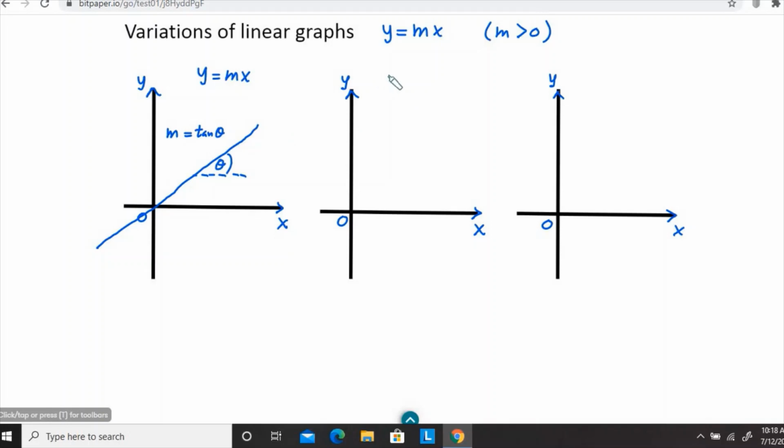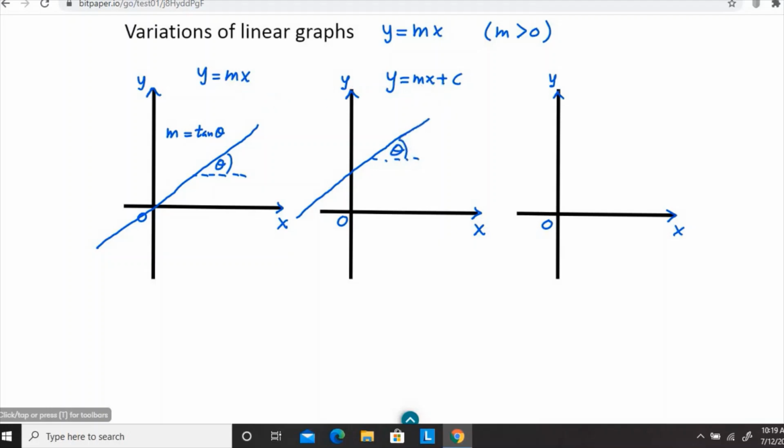So the next variation of y equals mx that I'm going to draw is y equals mx plus c, where c stands for the y-intercept. So that equation, that line, is something like that. It makes the same theta with the horizontal because you have the same m.